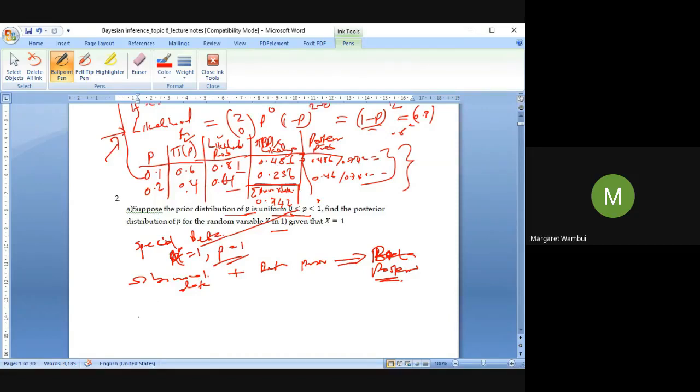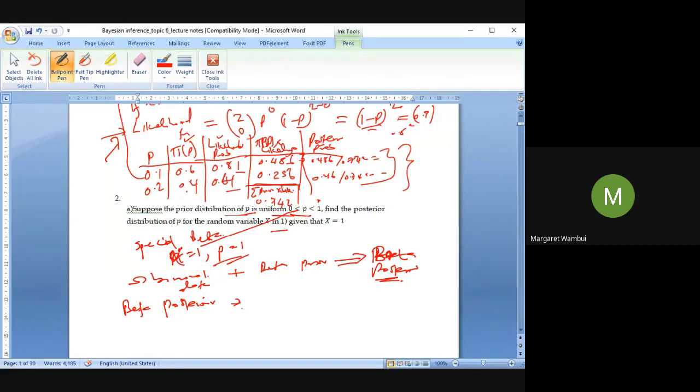But just to remind you what we did, you will take your binomial data, combine it with your beta prior, and then you arrive at a beta posterior. Remember, if it is in the exam, you'll have to work it out here. I don't want to work it out because we already worked it out in class.